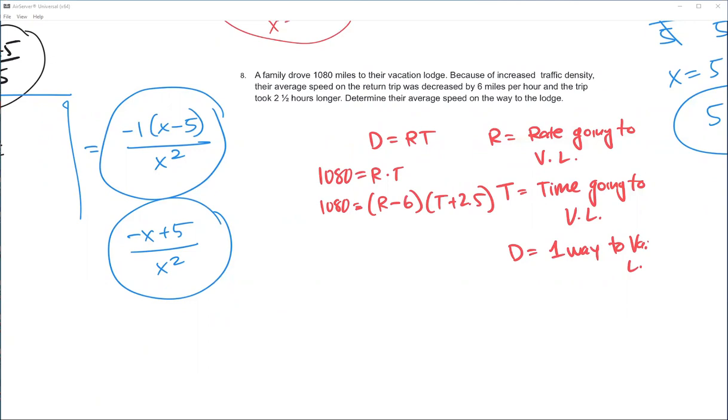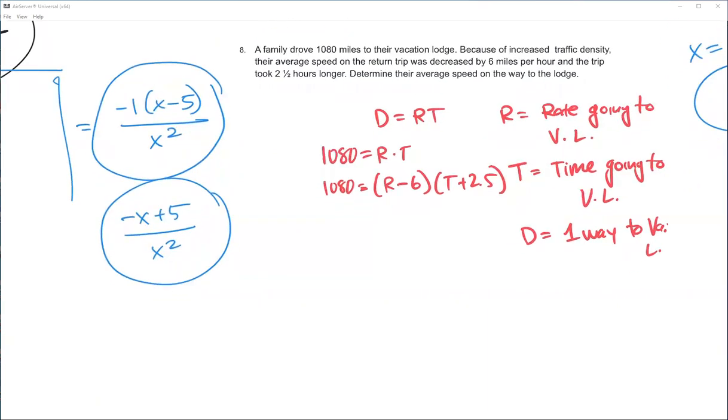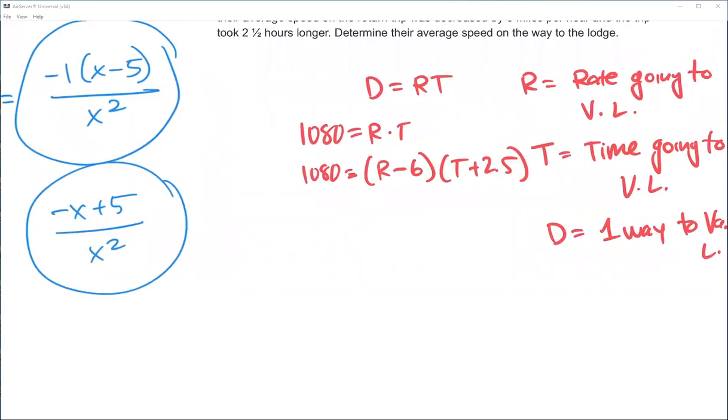Once you set up everything, it's not straightforward, but it's pretty much applying what we just did for these equations. What we're going to do is isolate T, and then we'll eventually find R, but I think isolating T will work better here. So T is equal to 1080 over R. Let's treat this like a system of equations.